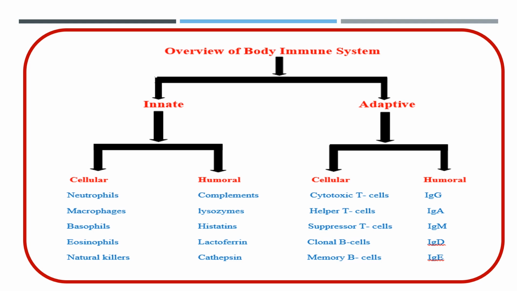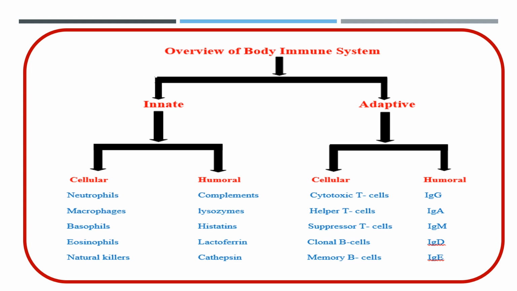The other type of the immune system is the adaptive immune system, which also has the cellular and the humoral components. The other name for the adaptive is the specific immune system, and it is much more specific and directed to a particular kind of invading microorganism.